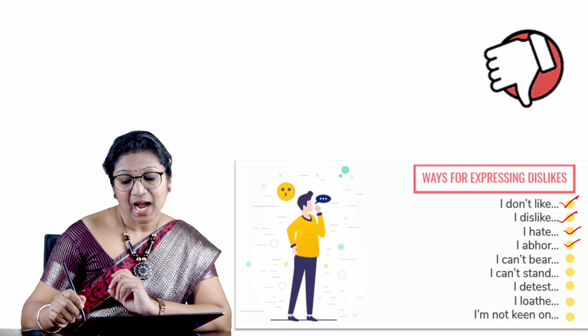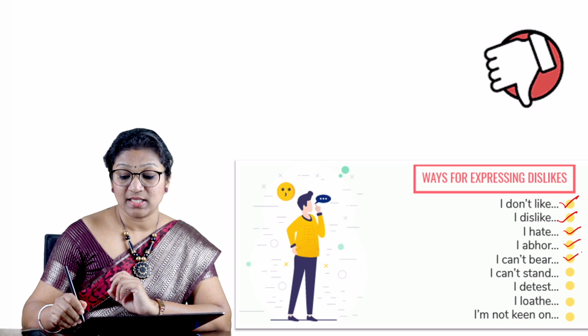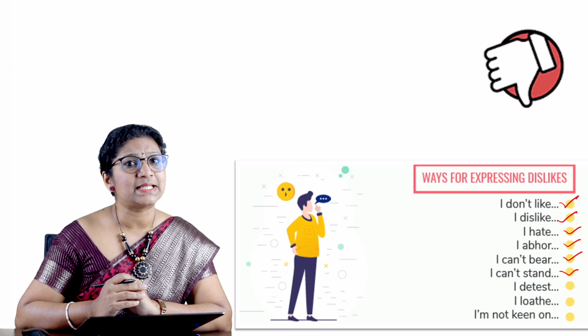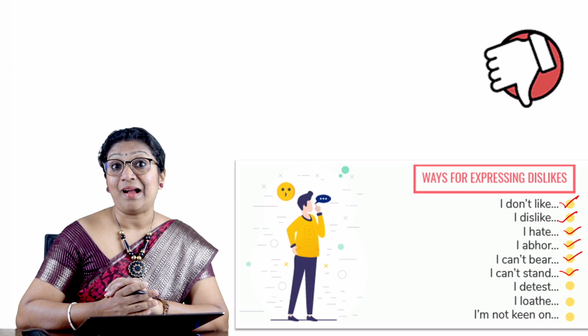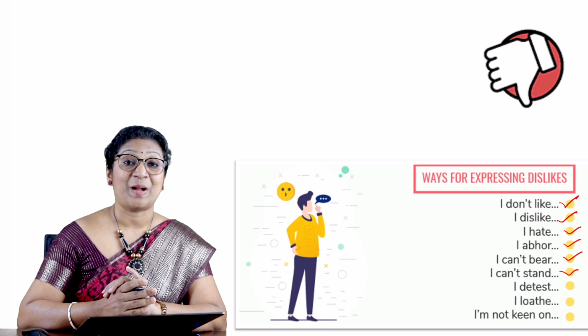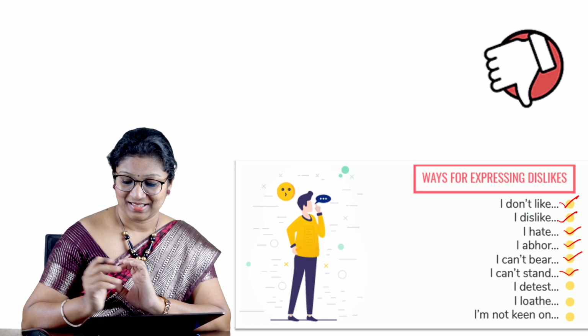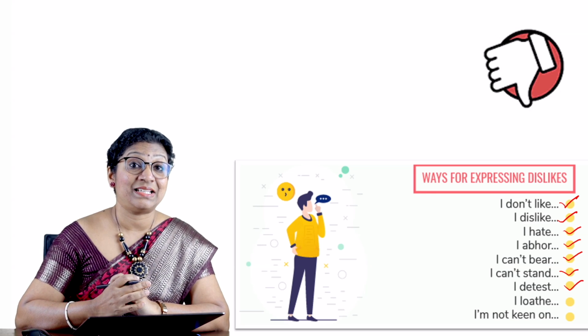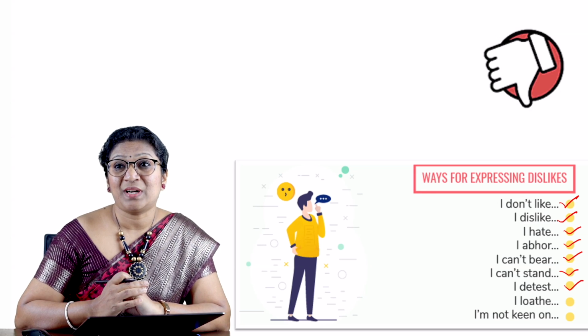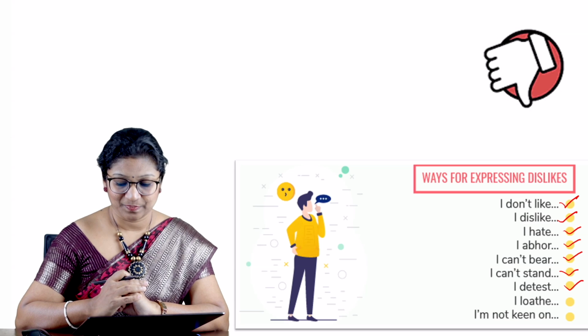I can also say I can't bear or I can't stand. These are usages. Like I can say, I can't stand people who lie. I can't bear people who come late to office. Or I detest liars. I detest people who are lazy at work.